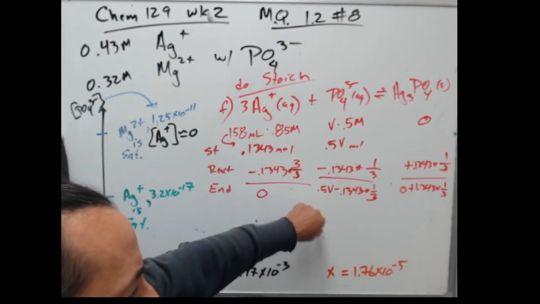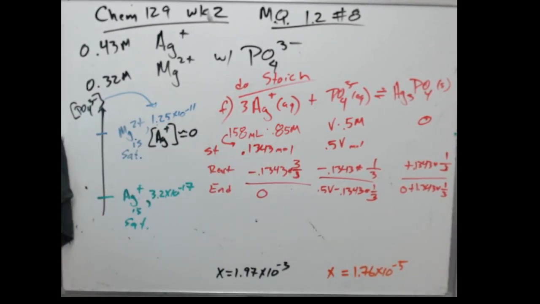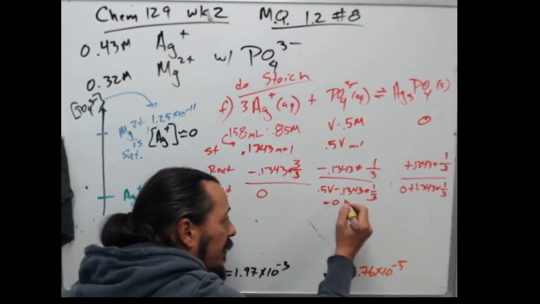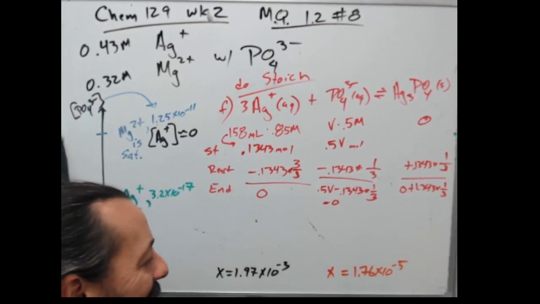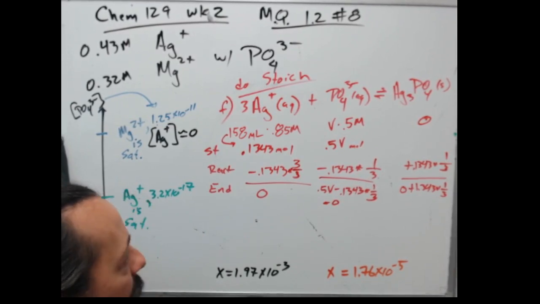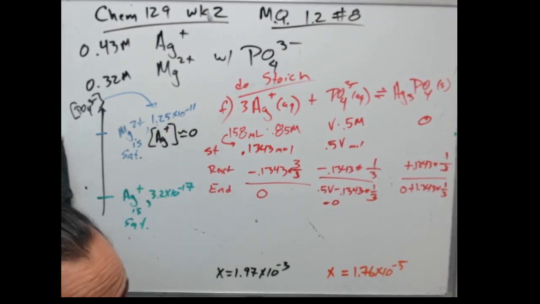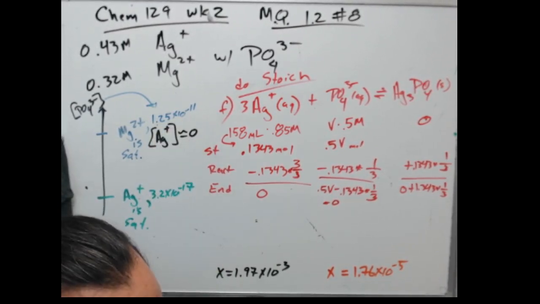Now, if I did this correctly, how much phosphate should be left over in solution? If I'm just doing the stoichiometry, hopefully this bit is also equal to 0. It's not actually equal to 0, right? It's going to be equal to 1.25 times 10 to the minus 11, approximately 0.